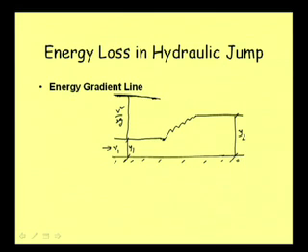At downstream our depth is y2, and V2 will be small as compared to V1. So, we will be having some energy here, y2 plus V2 square by twice g.